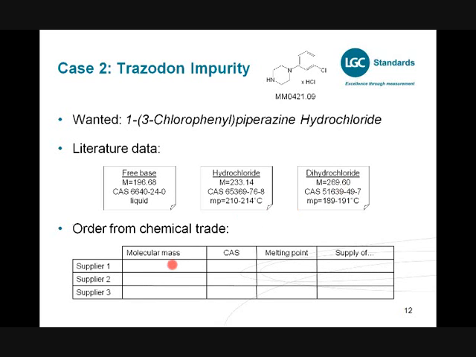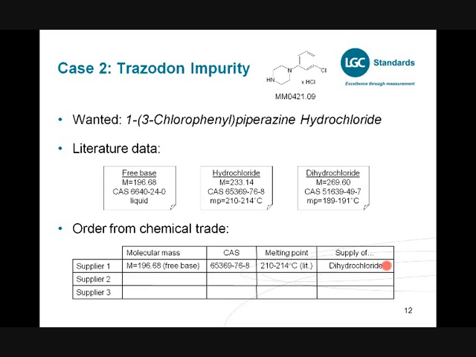Supplier number 1 provided in his catalog the molecular mass of the free base, the CAS number from the hydrochloride, and also the melting point of the hydrochloride. But we saw then that it was the dihydrochloride that this supplier was providing.